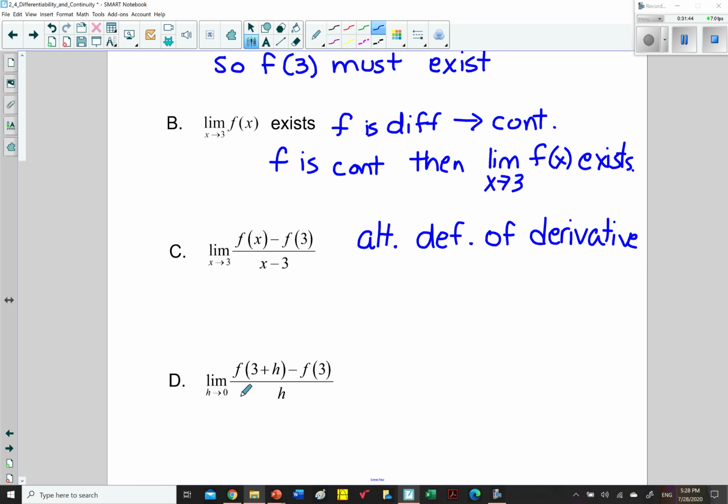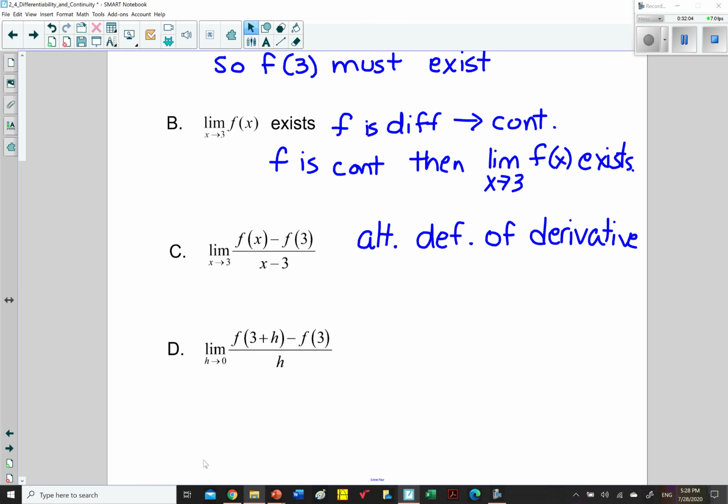Which is telling me that the derivative of the function at 3 exists. If f is differentiable at 3, like they told us, then the derivative exists at 3. This is the alternate definition of the derivative. And that's why that's true.